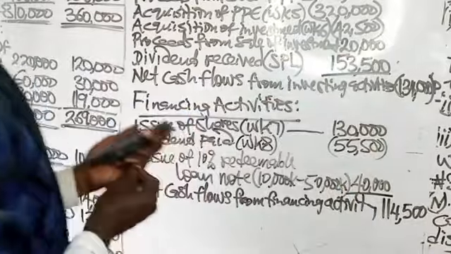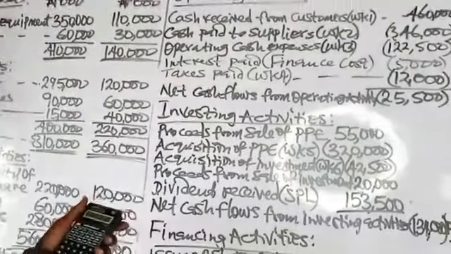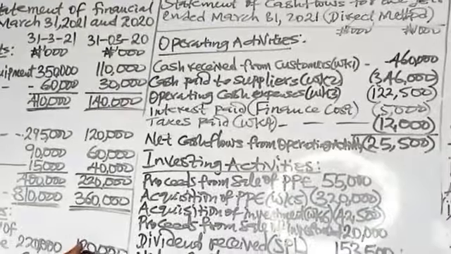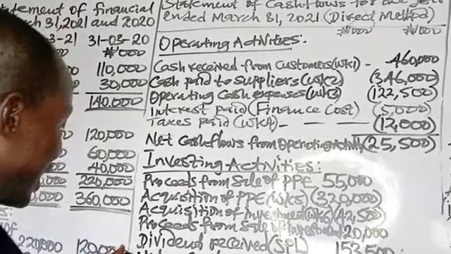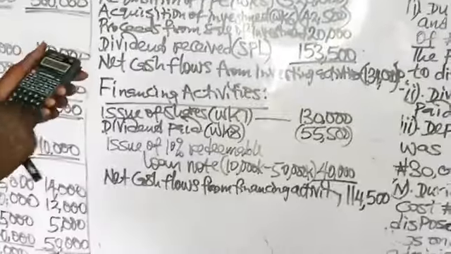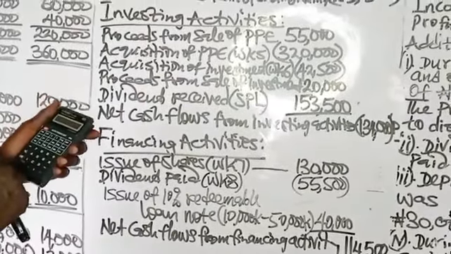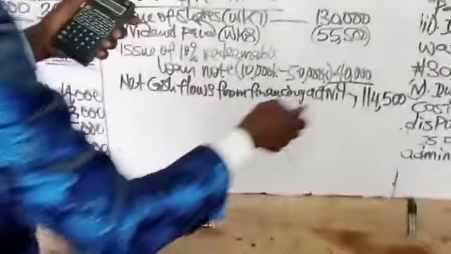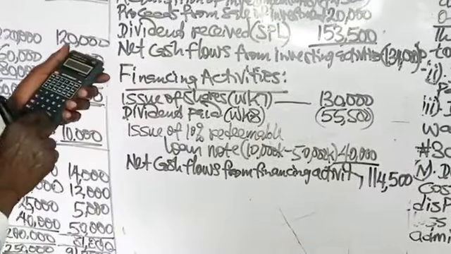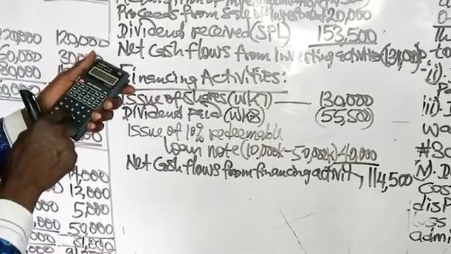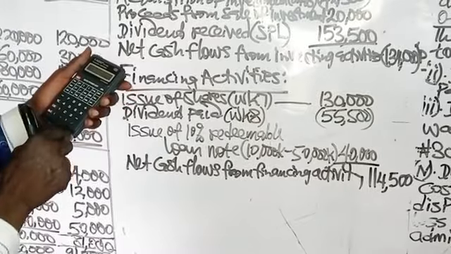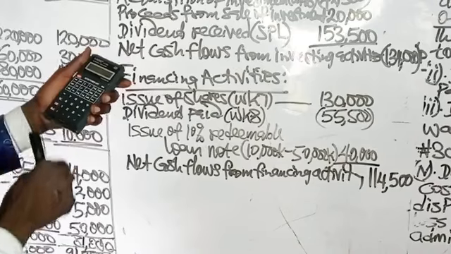Now, start with your operating activity. You have net cash flow from operating activity to be minus 25.5 million. That of investing activity, we have minus 134 million. Then financing activity, we have plus 114.5 million. Then we have the net cash change of 45 million negative.